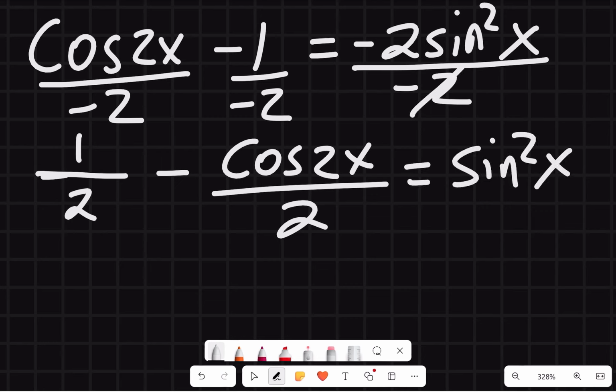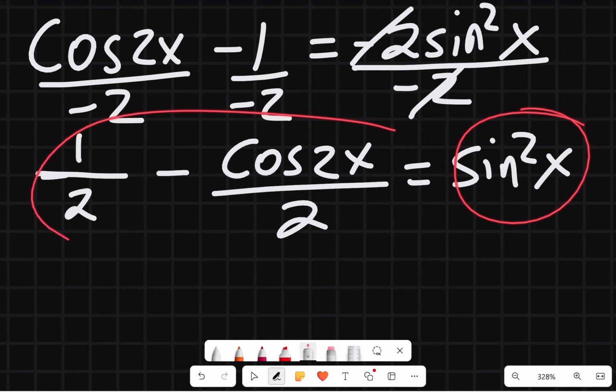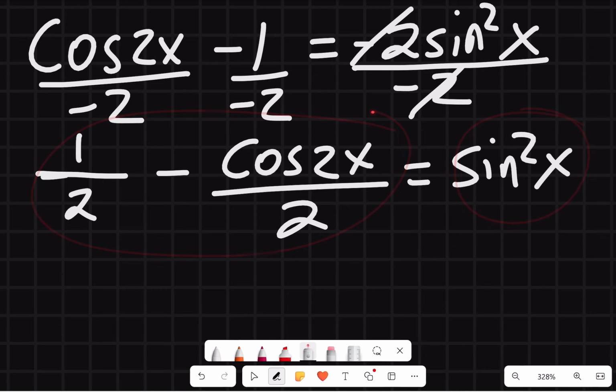Why? Because this negative 2 will cancel with that one, which means where I see sine squared x, I can replace it by this, right? Which will be easier to integrate because now we eliminated the power of 2. So for trig functions, you always need to eliminate the power of 2, unless you have the cosec squared or the sec squared, because those derivatives exist, right?